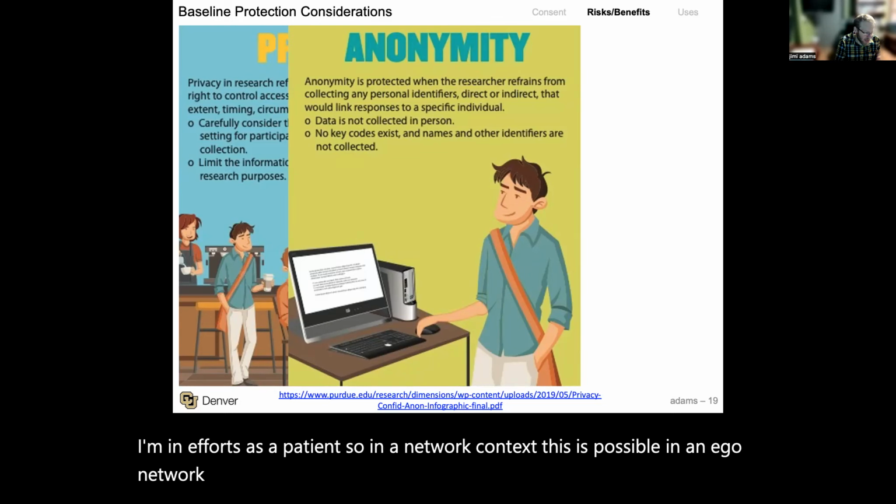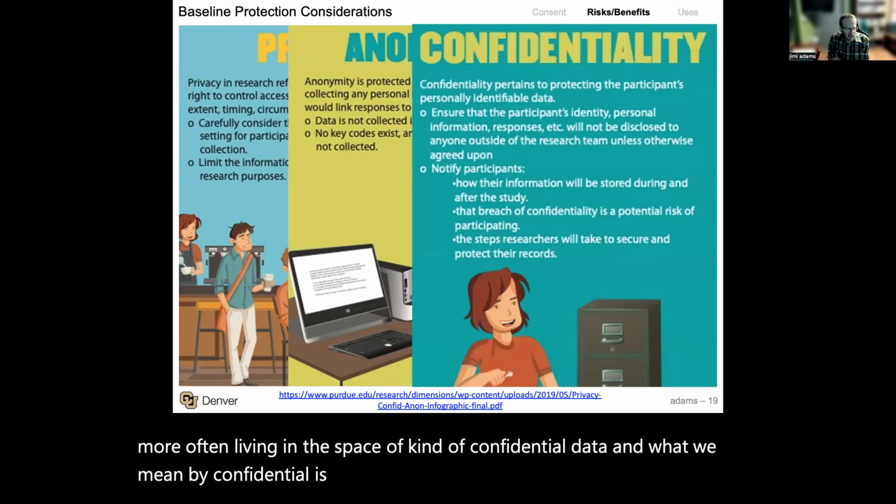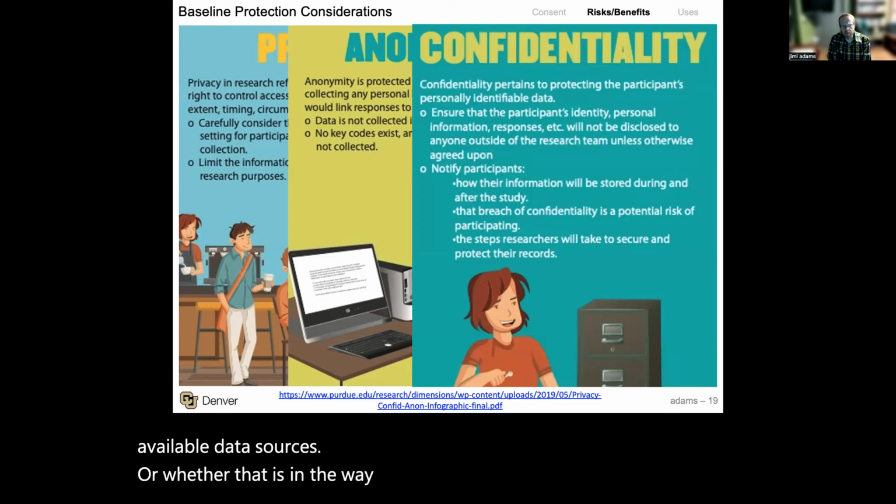confidential data. And what we mean by confidential is that while identifiable information is collected, it is not reported in such a way that allows those respondents to be identifiable, whether that's in tables, whether that's in publicly available data sources, or whether that is in the way that participation is known.